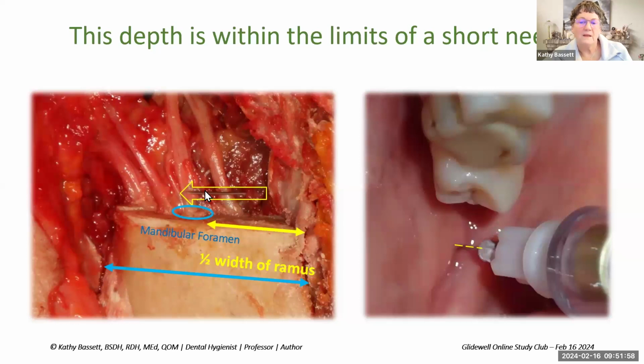We're finding that nerves can be dragged through space. They can be pinched and bruised against bone. So if we don't need to go that far and risk those encounters, and at the same time put an adequate volume of solution immediately bathing that nerve, then we have two or three win-win situations all going together.